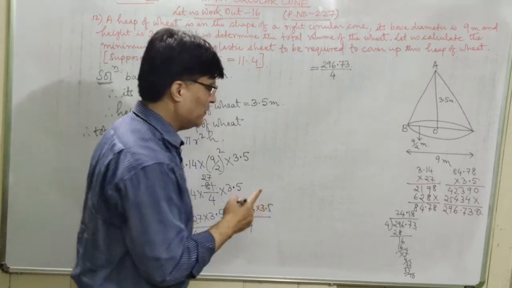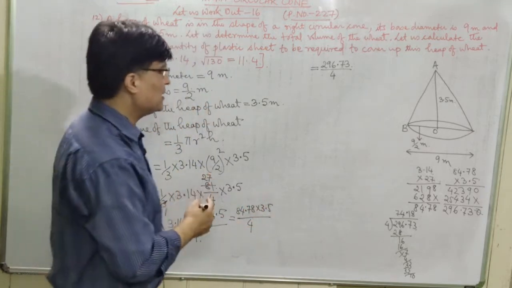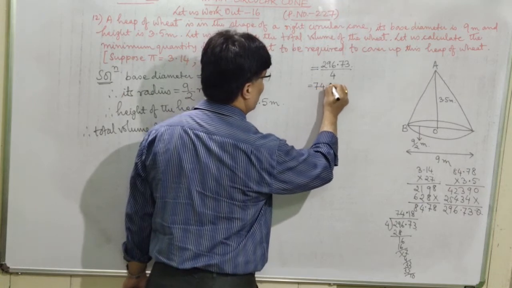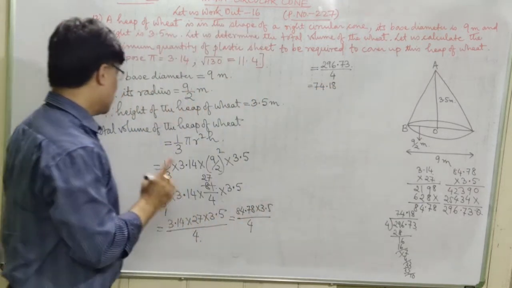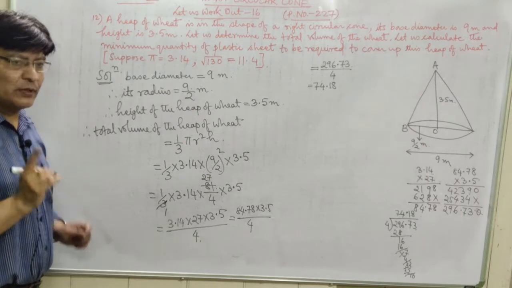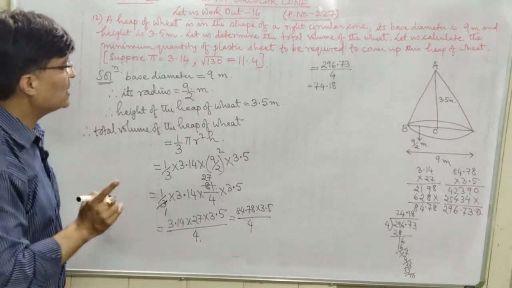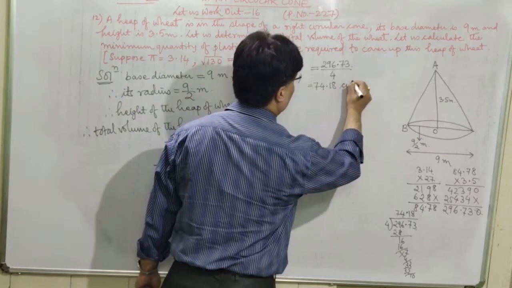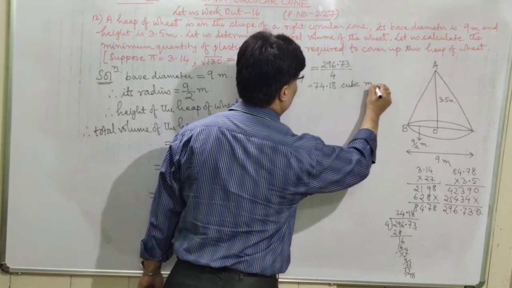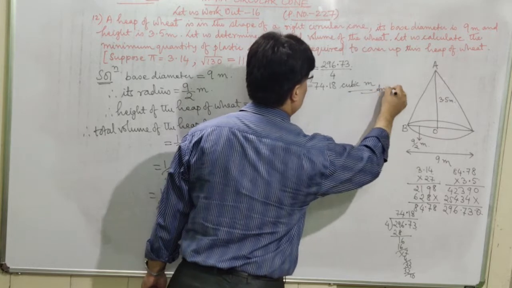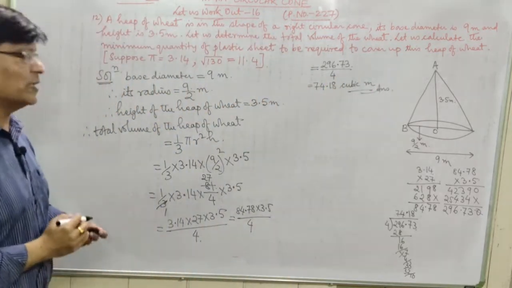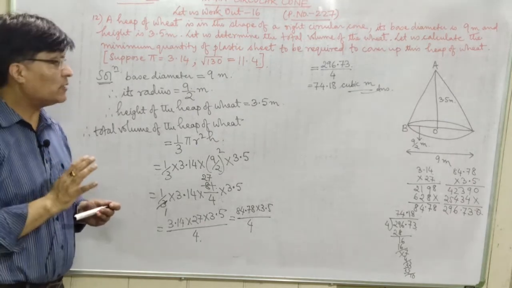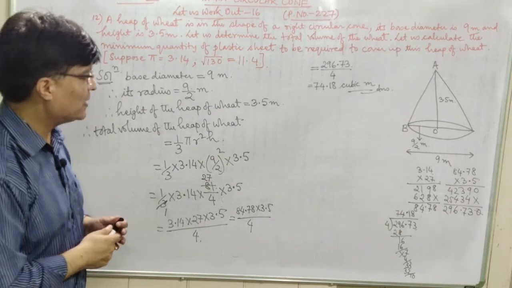It is 74.18, that is the approximate value. What is the unit? Since this is the volume, what is the unit of volume? That is cubic meter. So 74.18 cubic meter. This is the answer for the volume of the heap of wheat. So what is the total volume of the heap of wheat? It is 74.18 cubic meter.